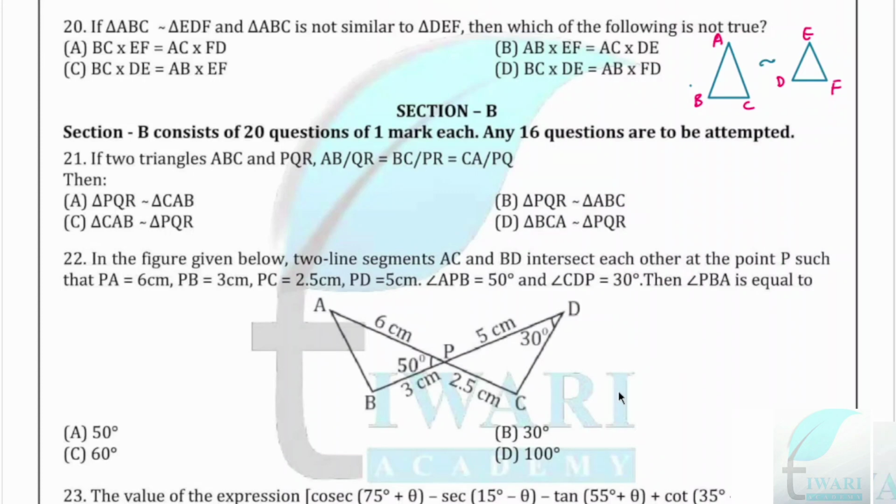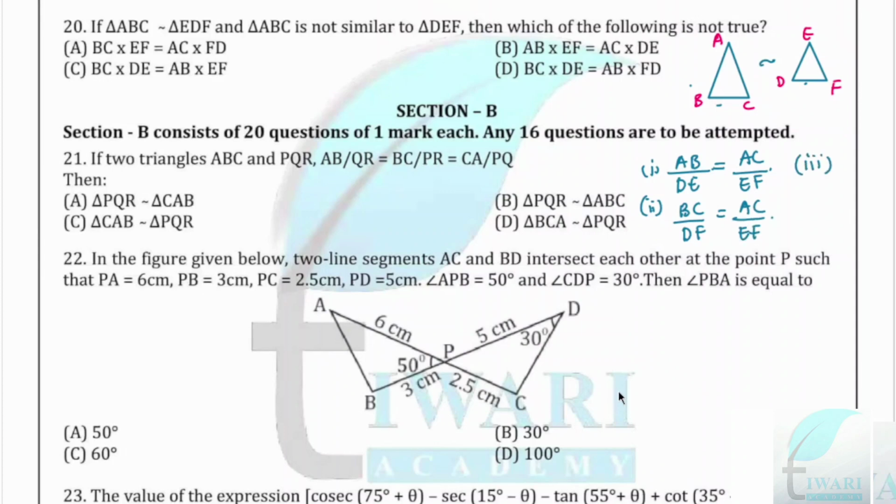That means three possible ratios of sides. The corresponding side to AB is DE, so AB by DE is equal to AC by EF. This is the first one. Second one is BC by DF, the corresponding side to BC is DF, so BC by DF is equal to AC by EF again.